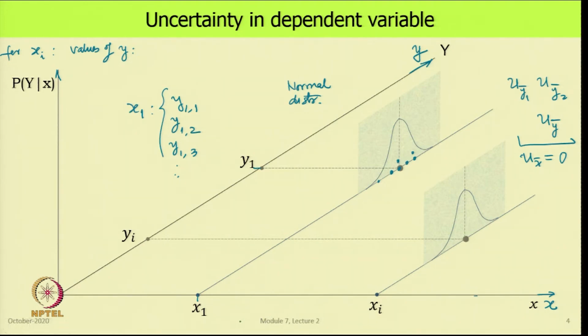So, that sets up our nature of the problem, that we have variability in the dependent variable y. This was our dependent variable, and there is little or no uncertainty in x, which is our independent variable.